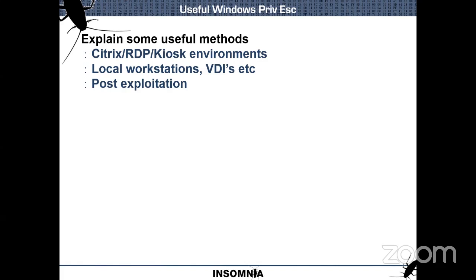These are just stock standard things to look for that may be helpful when you have a user shell in a Citrix environment, or want to take over a workstation, either yours or someone else's. We will discuss a method that can be used from user, etc.